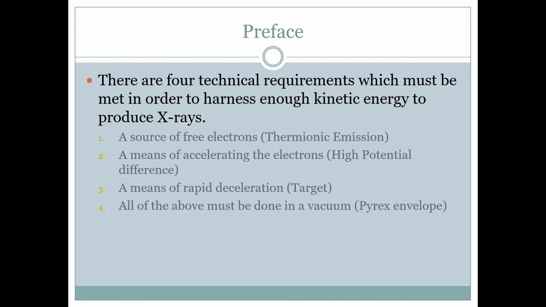Some electrons will reach the anode, but they'll have given up a bunch of their kinetic energy, and in any case, the number of electrons hitting the anode would be significantly decreased. So our ability to create X-rays basically relies on the fact that we can do all of this inside of a vacuum chamber, and for our X-ray tubes, that's the Pyrex envelope that surrounds all of the electrical devices of the X-ray tube.